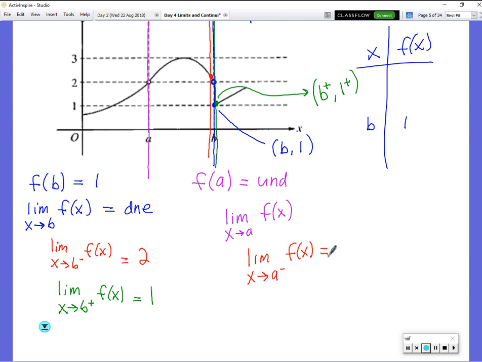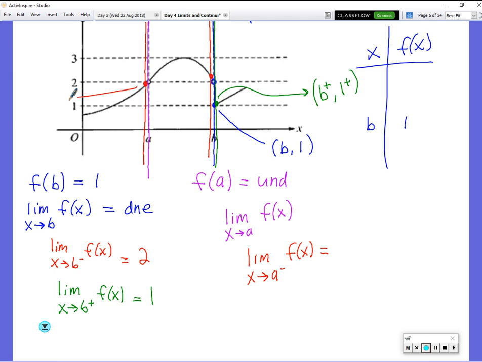So a couple mistakes, let me talk. Here's x equals a. Just a little bit left of a would be right here. So I'm looking for the dot that's along that red line. I find it right here.